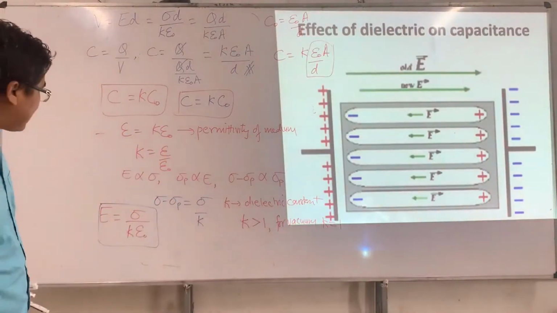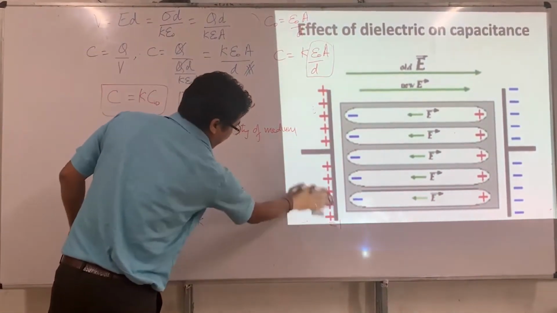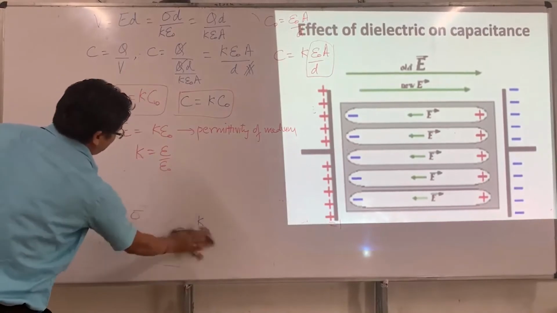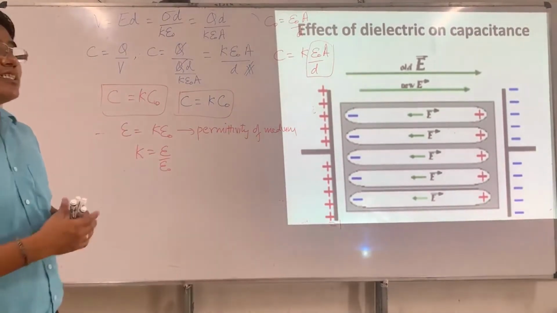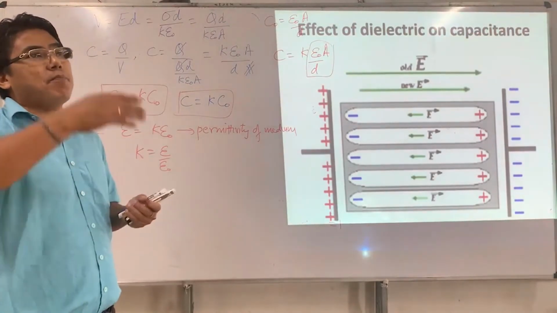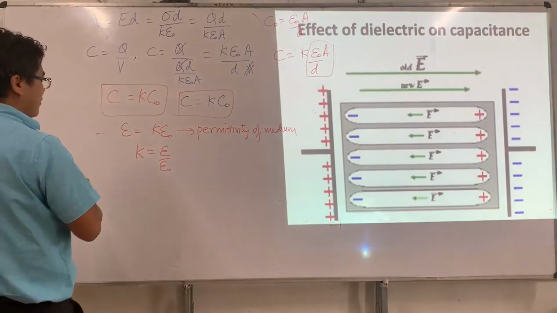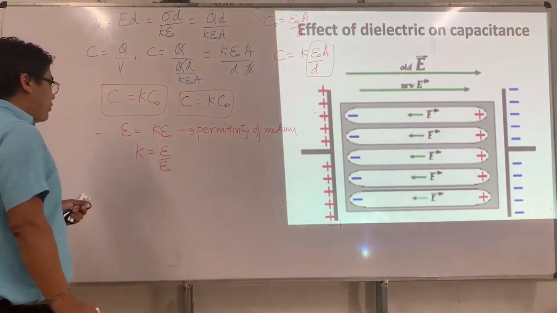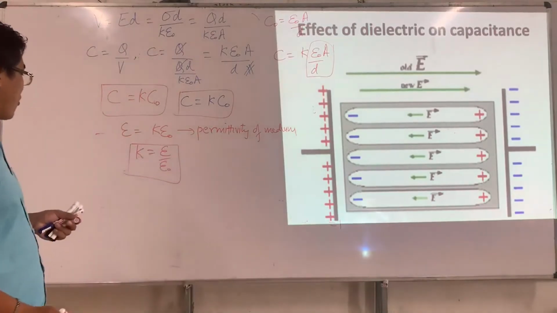So the dielectric constant is defined as the ratio of the permittivity of a medium to that of vacuum.